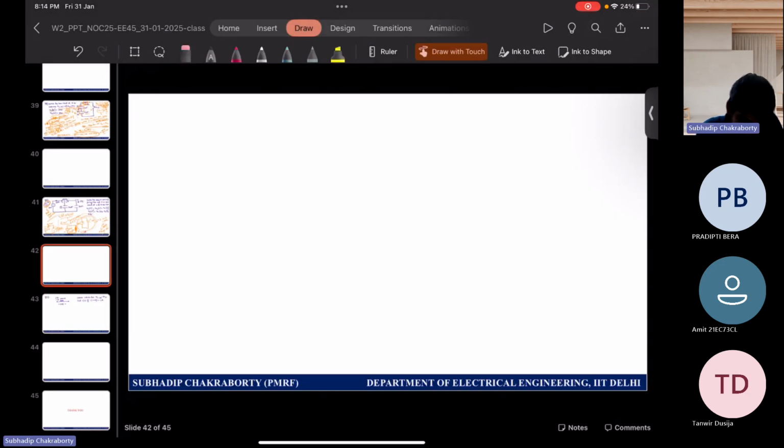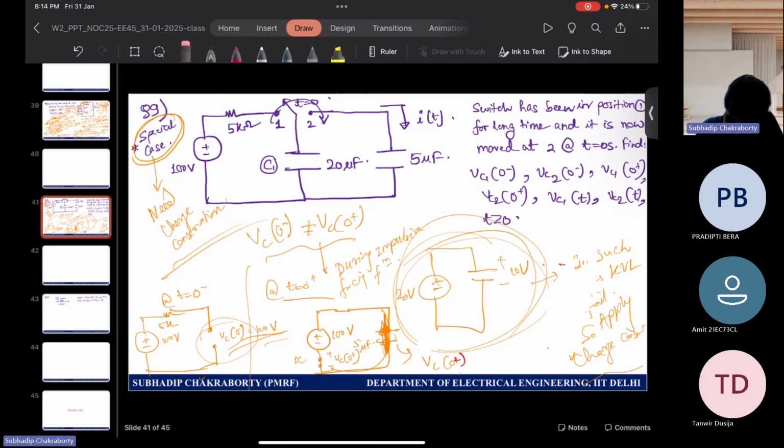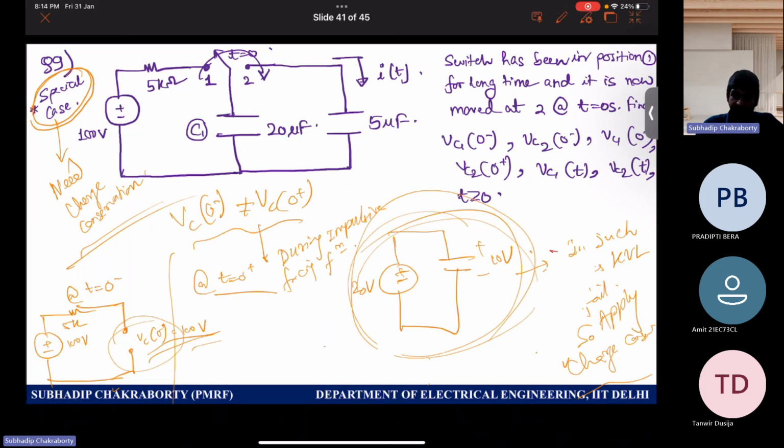Let me draw on a fresh page. How to model this circuit at t equal to 0 plus? Up to this we know VC1 0 minus is 100 volts and VC2 0 minus is 0 volts. Now I want to ask you how to draw at t equal to 0 plus.